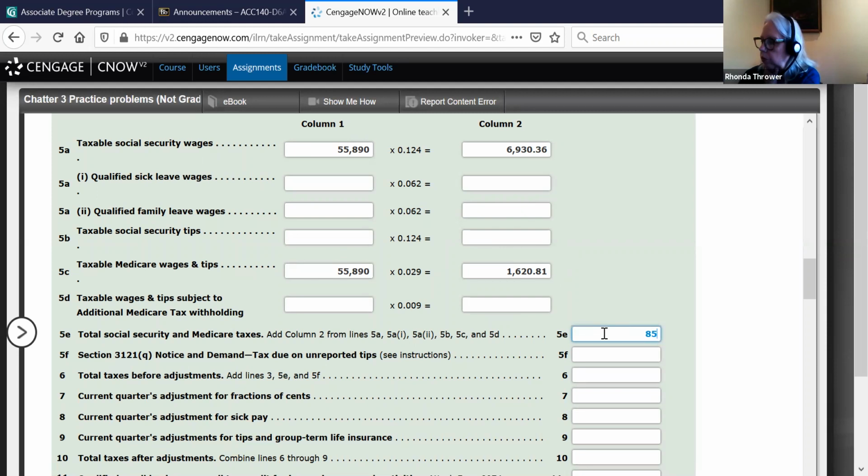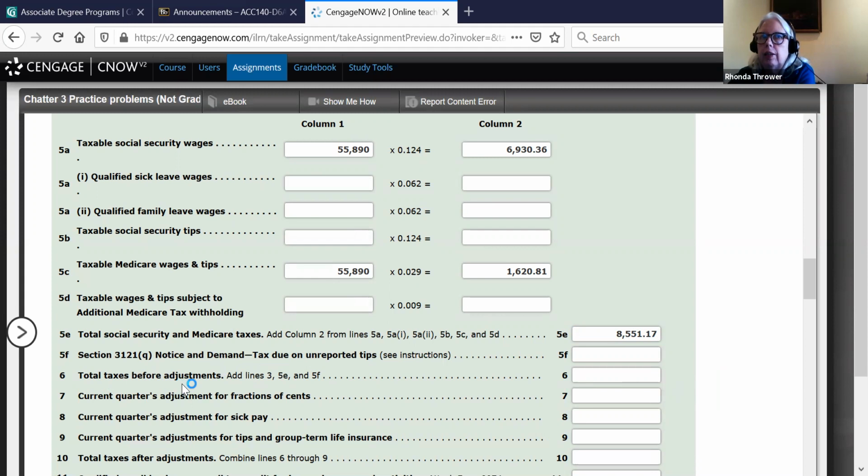And 8,551.17 should be entered here. Then we're going to look at 5F. We didn't have any of these. There were no unreported tips, no tips at all.